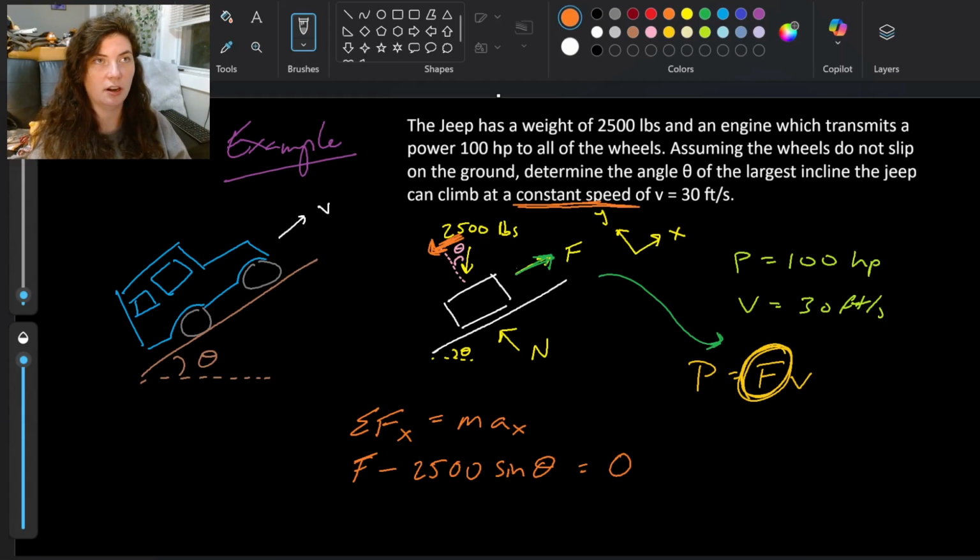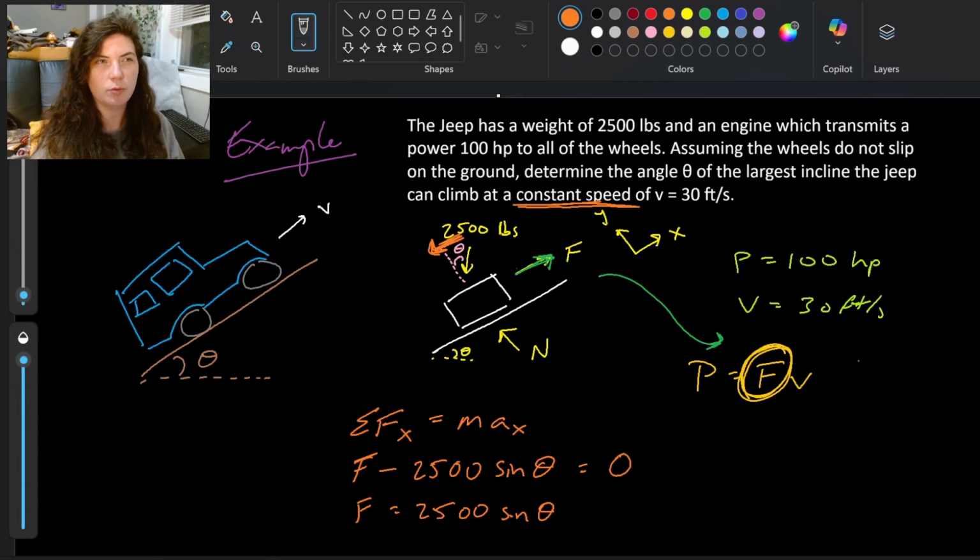Our sum of forces equals 0, and we can solve that and get that F equals 2,500 sine theta. So now I'm going to put this back into that power equation. I have my power, I have my velocity, and I have my F in terms of theta so that I can solve for that theta.